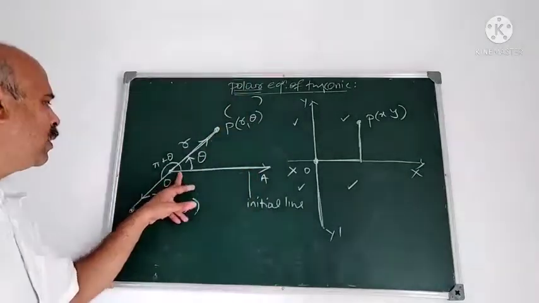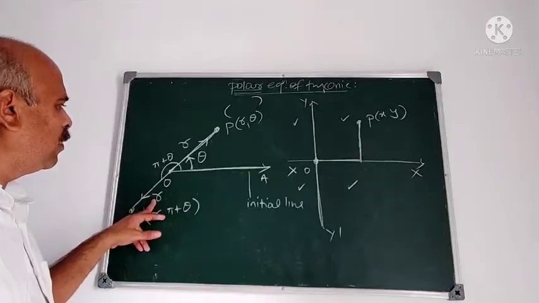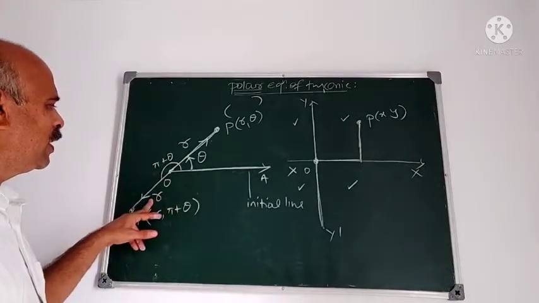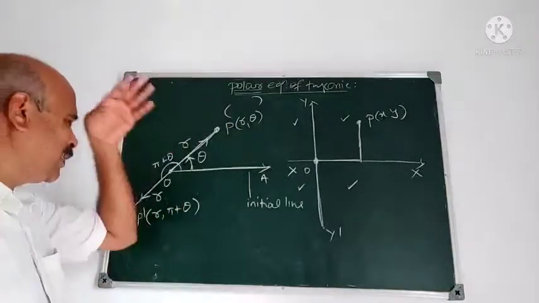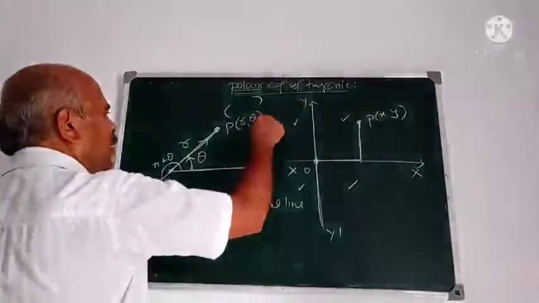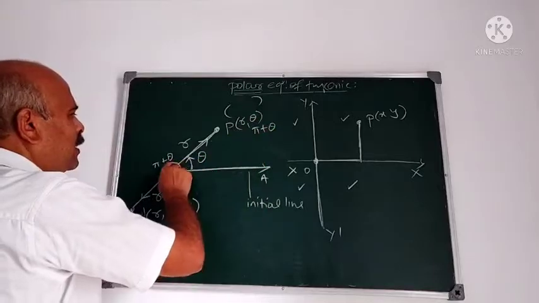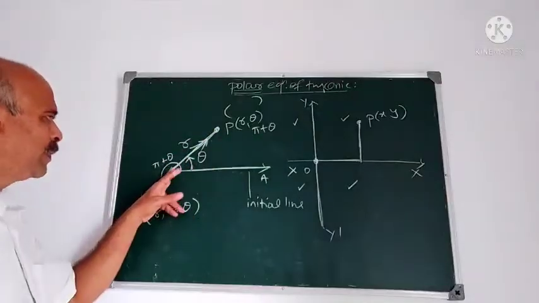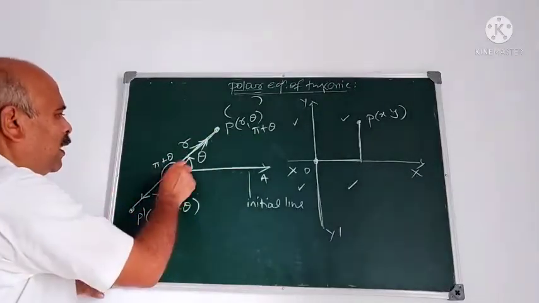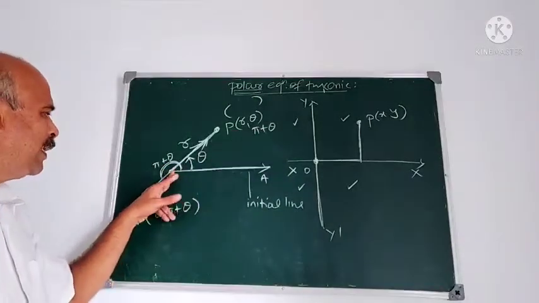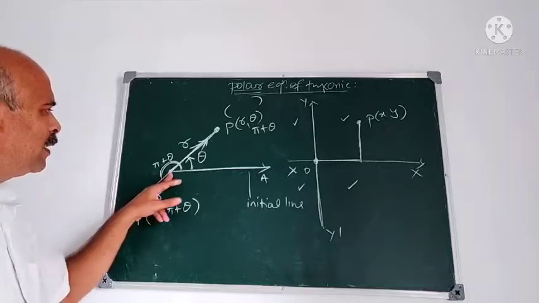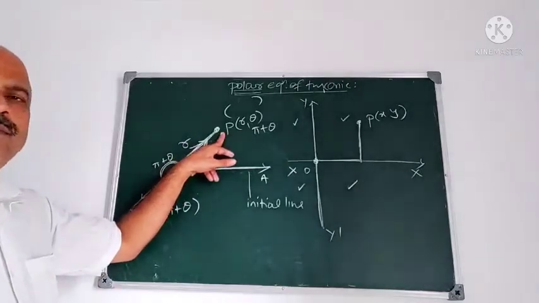Suppose OP is positive here. If we measure this distance in the opposite direction, I keep the angle as pi plus theta, but the distance is measured in the reverse direction. What is the vectorial angle? Pi plus theta, but I don't take r along this line, I take it in the direction opposite to that line.